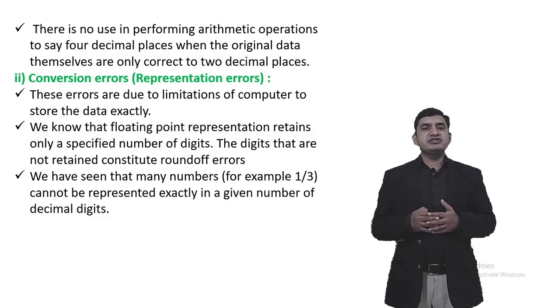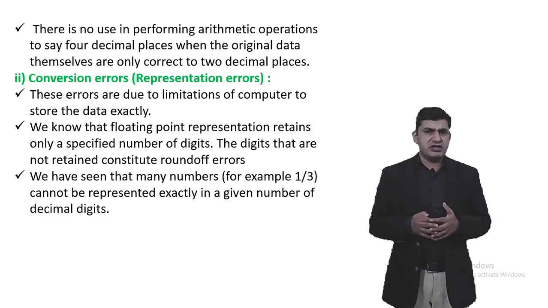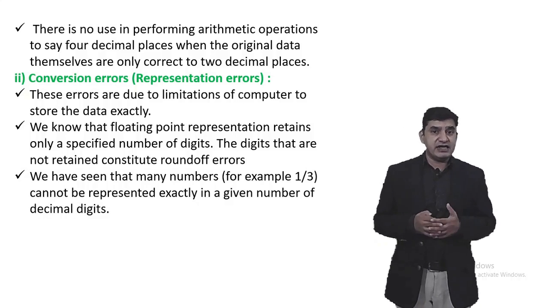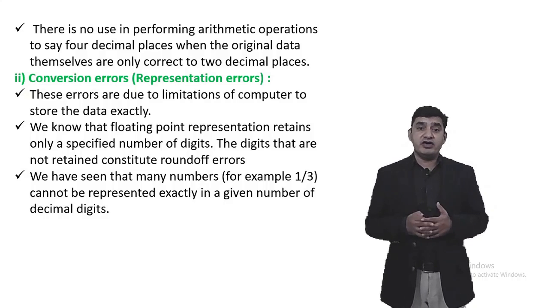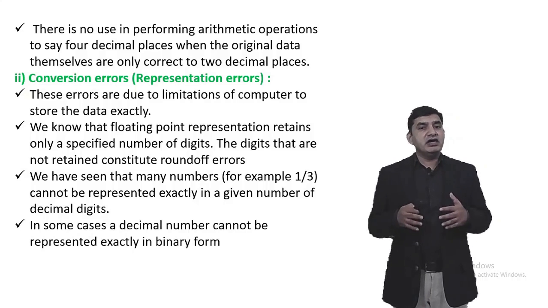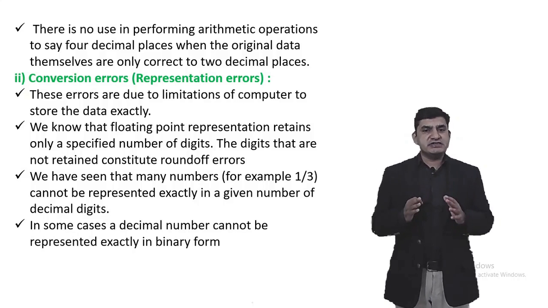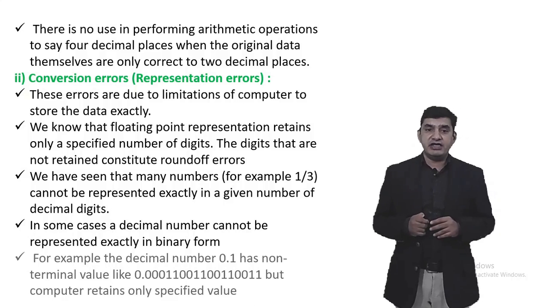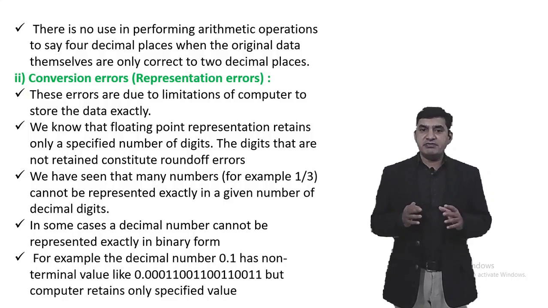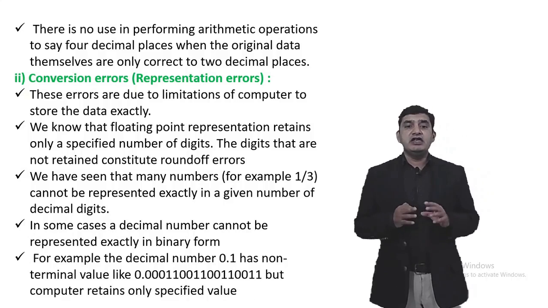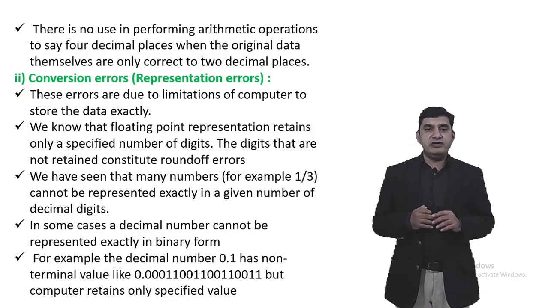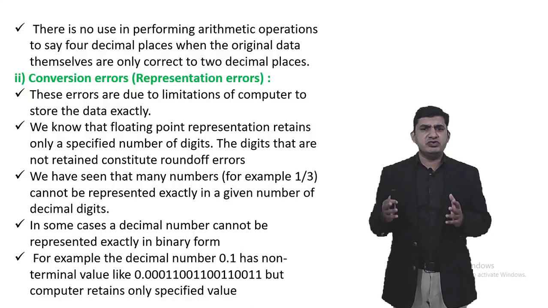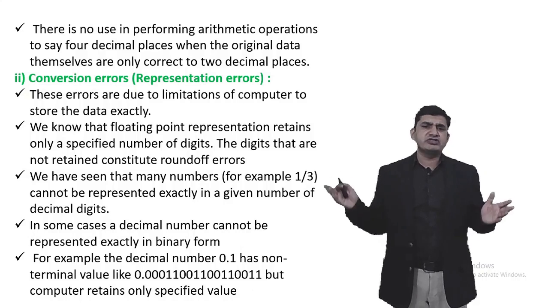We have seen that many numbers, for example 1 by 3, cannot be represented exactly in a given number of decimal digits. In some cases, a decimal number cannot be represented exactly in binary form. For example, the decimal number 0.1 has a non-terminating value like 0.0001100110 and so on.